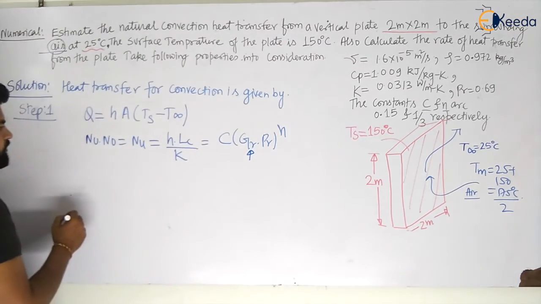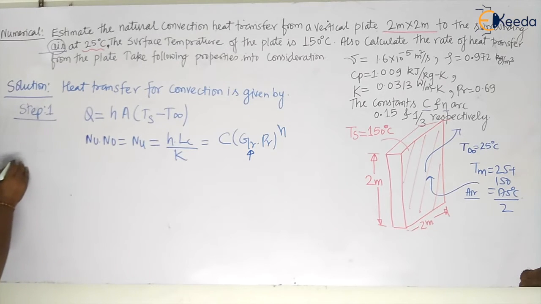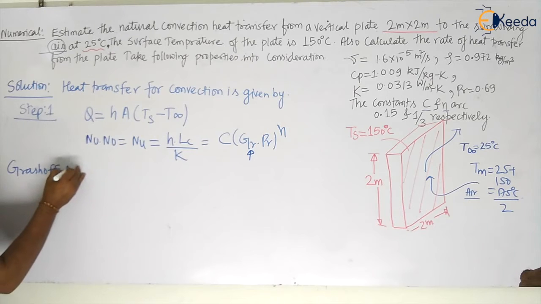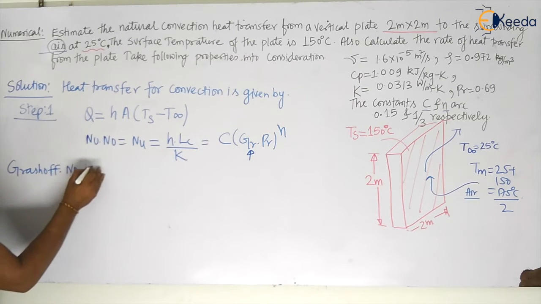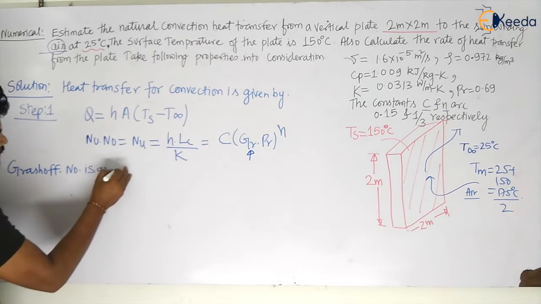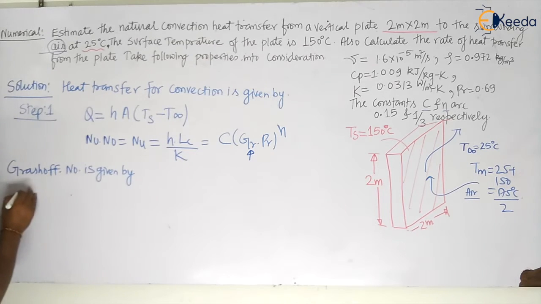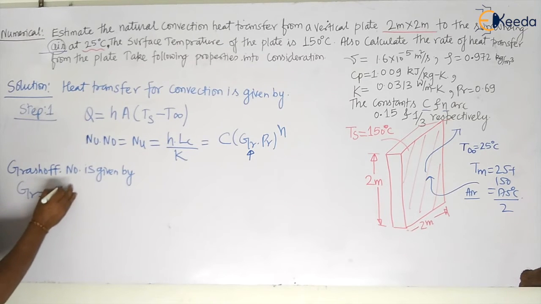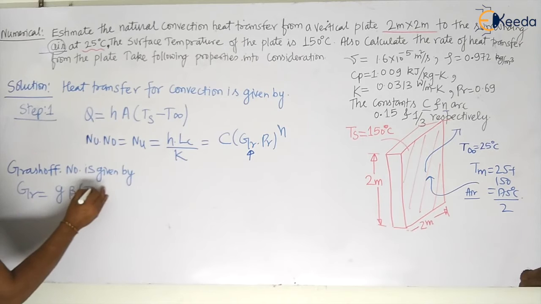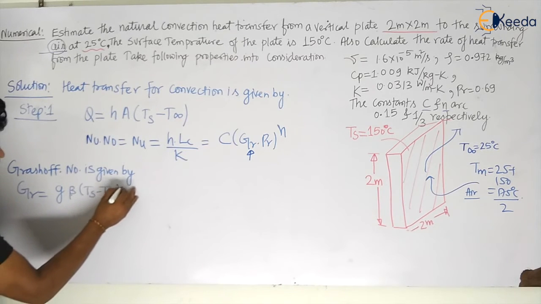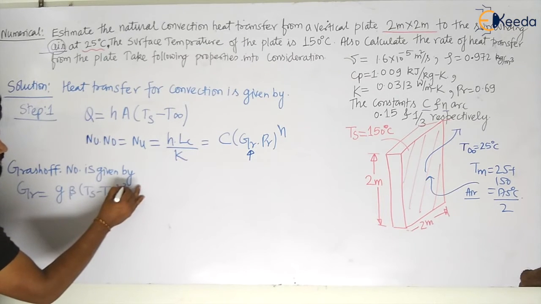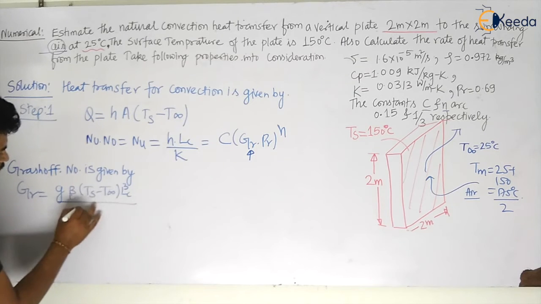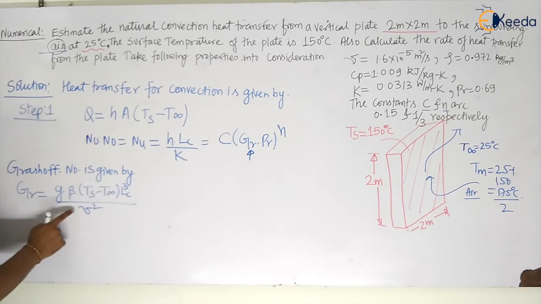And the Grashof number is given by Gr equal to g beta (Ts minus T infinity) Lc cubed divided by nu squared.